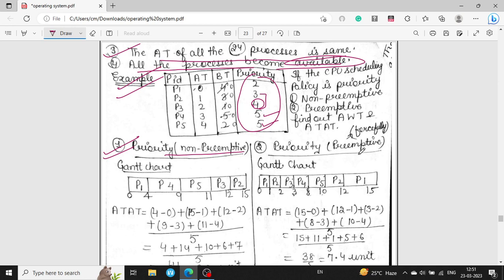Now priority preemptive method means forcefully. Now at the 0 second P1 came, it uses only for 1 second, and when it uses for 1 second, here write 3. After that who came at 1 second?